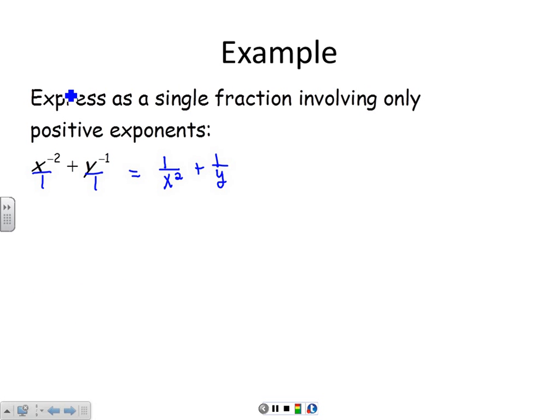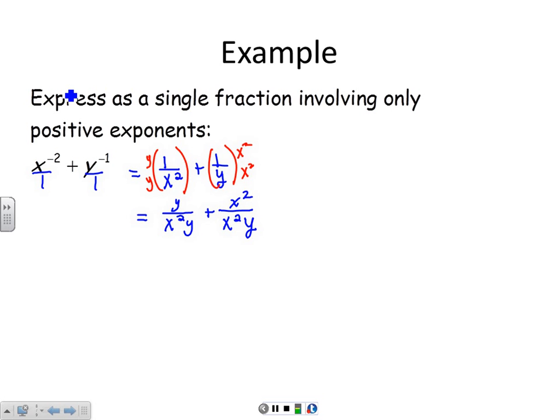And remember, to add fractions, you have to have a common denominator. So that common denominator, and we learned this in chapter 4, your common denominator is going to be x squared y. So to get a new numerator here, I need a y on top and bottom. So you're going to get y here. Here, I need an x squared on top and bottom.